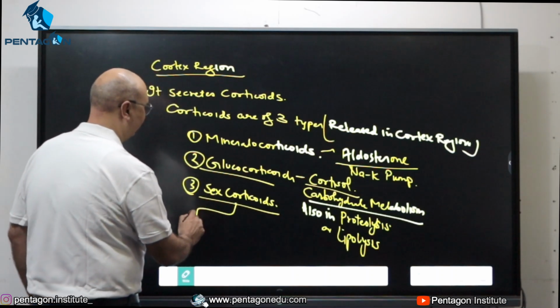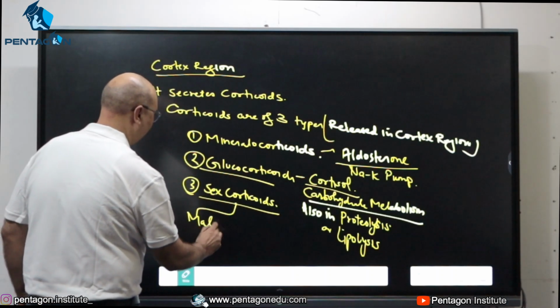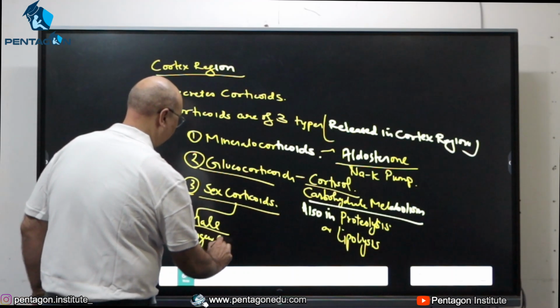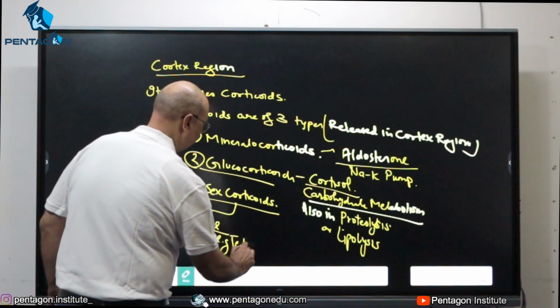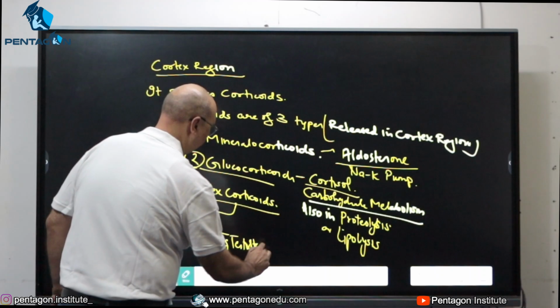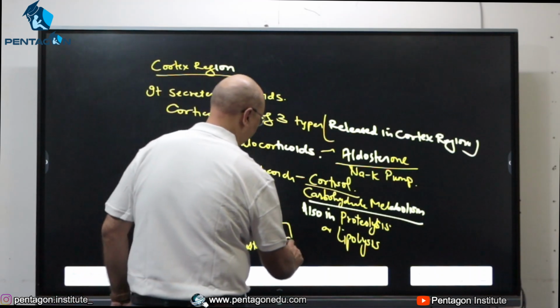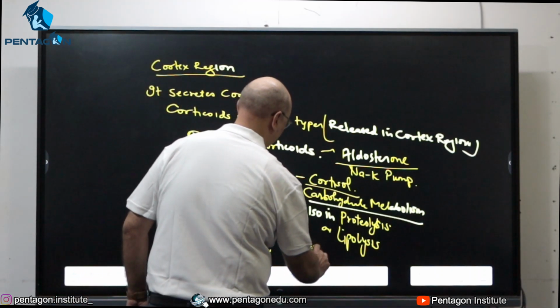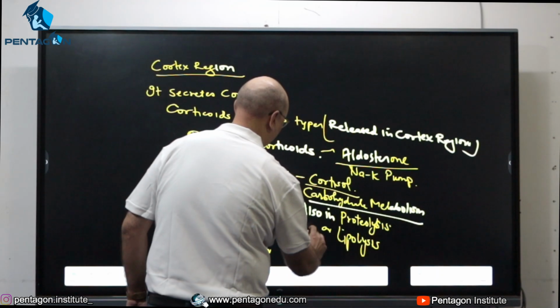Sex corticoids are, in case of male, androgens, for example testosterone. On the other hand, estrogen in female.